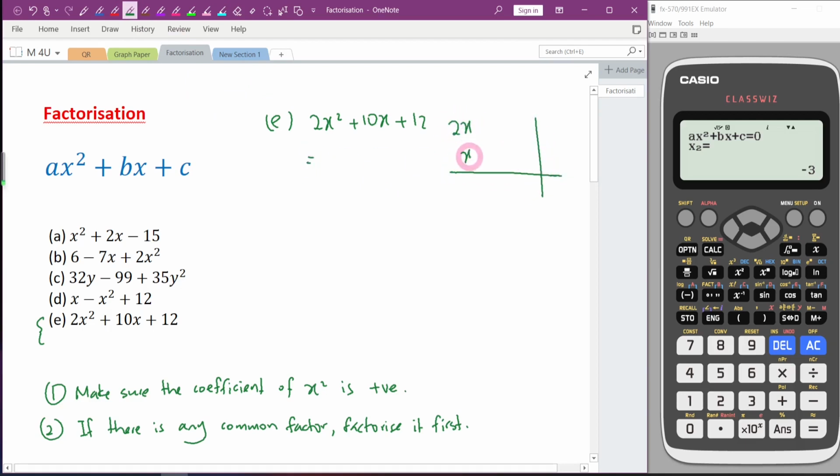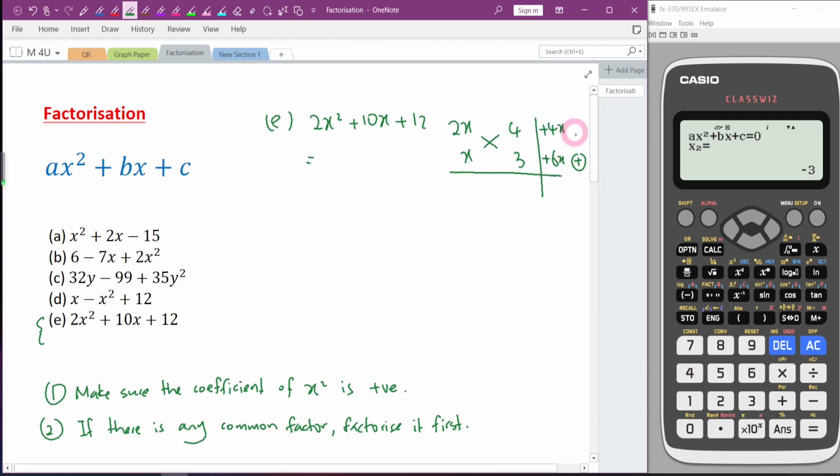2x times x. So now we need to get 12 here. Let me use 4, 3. So this will give us 6x. This will give us 4x. These two add up together must be equal to positive 10x. Therefore, I need to write positive sign here, do the same thing here.